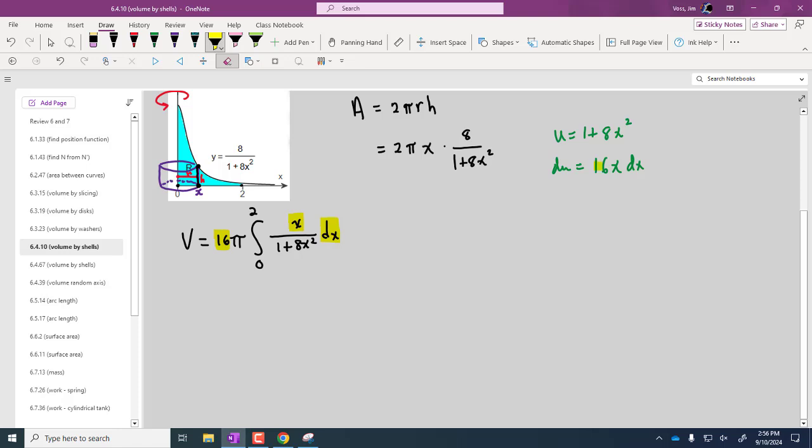So this is going to be pi integral. Now we changed to u, so let's not put those x limits there. That's 16 gone, x gone, dx gone. That's all being replaced with du. I'll put it off to the side. And the only thing on the inside then is 1 over u.